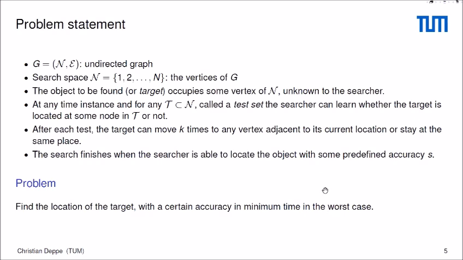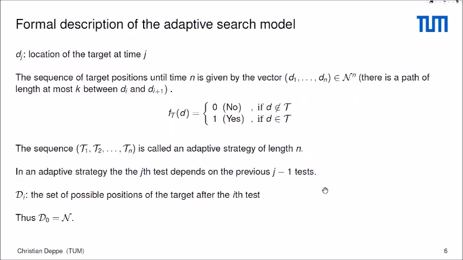That means somehow we have an object that moves in a way that, for the searcher, it's really the worst case. We need some notations. So by small d_j, we denote the location of the target at time j. So we have such a vector if we have a search of length n. So n is the number of tests, from d_1 to d_n.